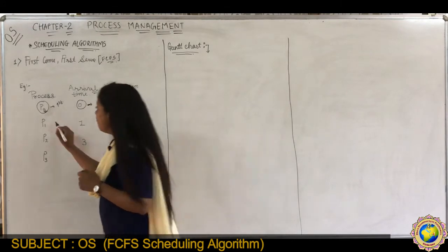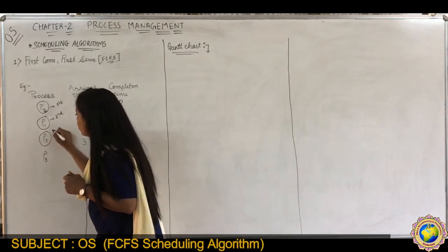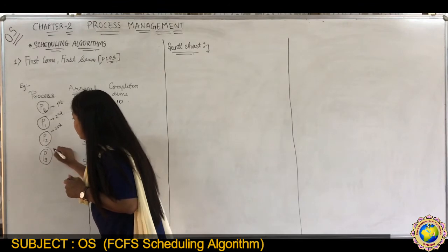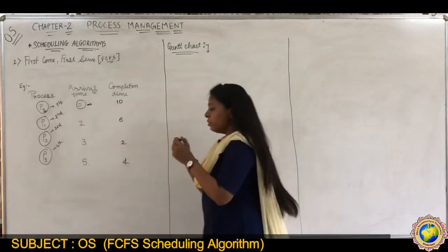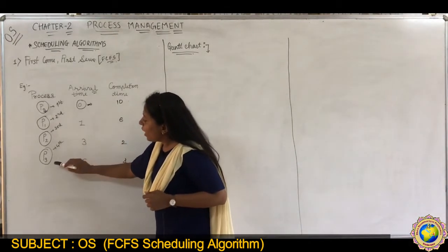Then P1 second, then P2 third, and P3 last, fourth. So P0, P1, P2 and P3.